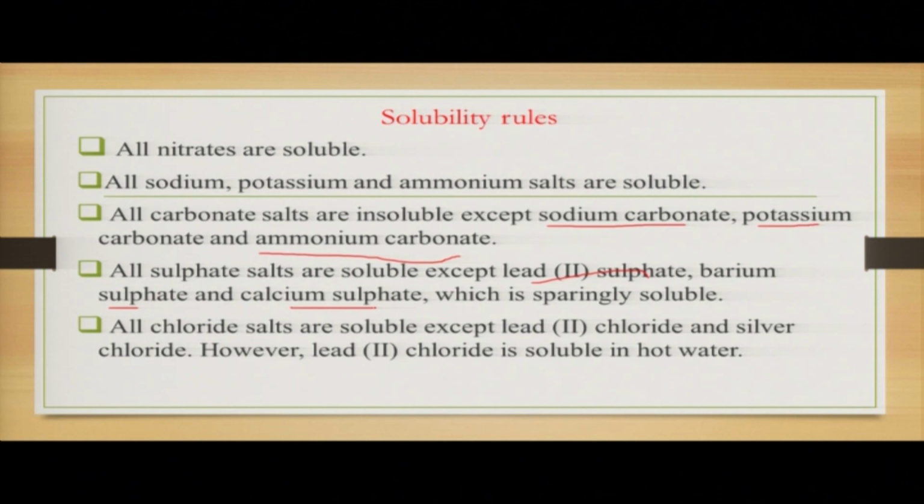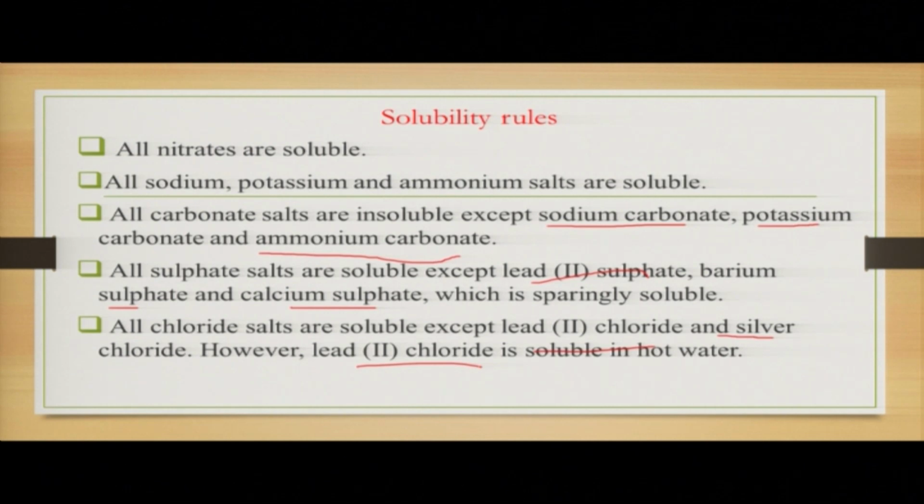All chloride salts are soluble, except lead chloride, that is the salt of the chloride that is insoluble, lead chloride, silver chloride. And lead 2 chloride is soluble in hot water. Silver chloride is insoluble.